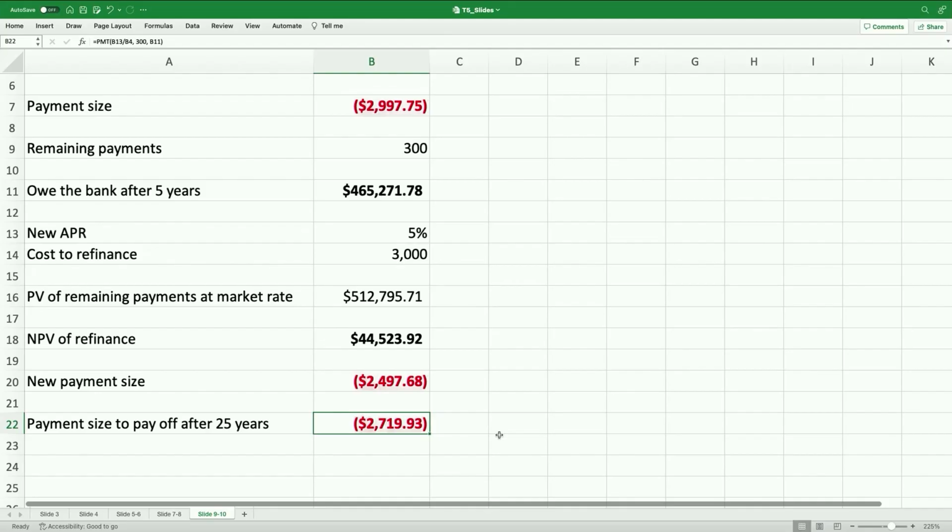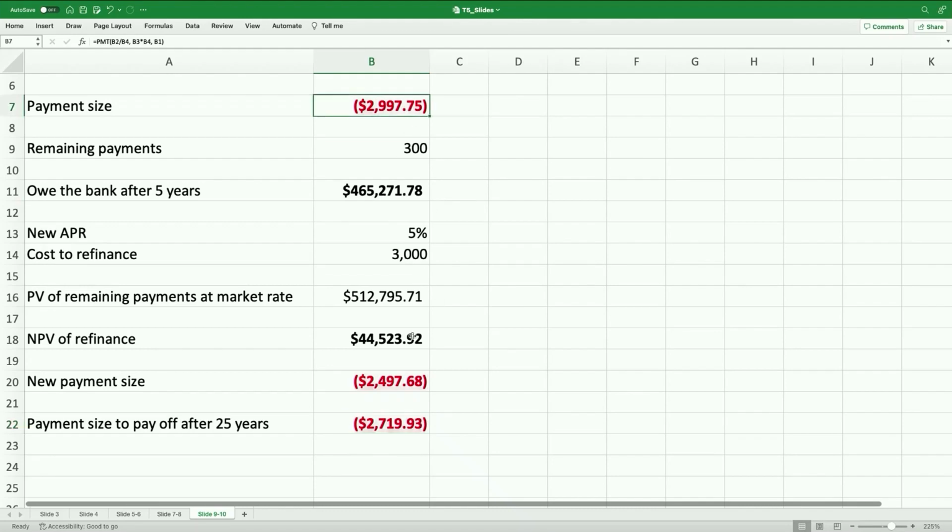Okay? Notice, remember, if you stayed with Wells Fargo, you would have had a monthly payment of $2,997.75. Agree? That's $2,997.75 for 300 months. After you do the refinance, if you want to pay things off in 300 months under the refinanced terms, you're only paying $2,719.93.